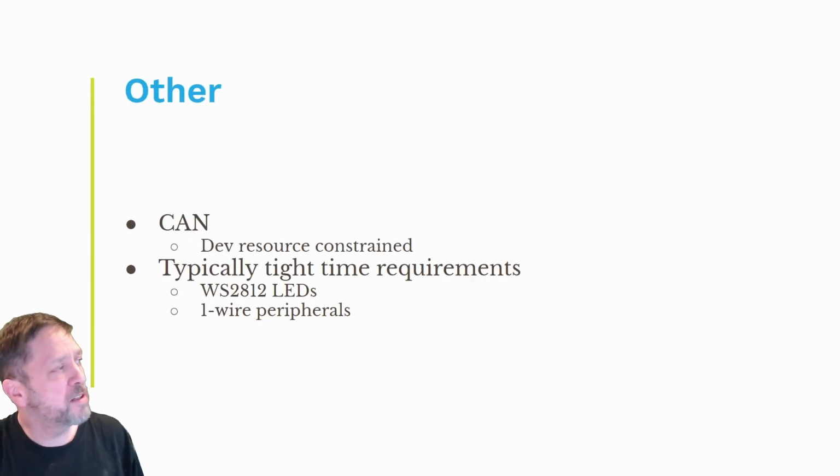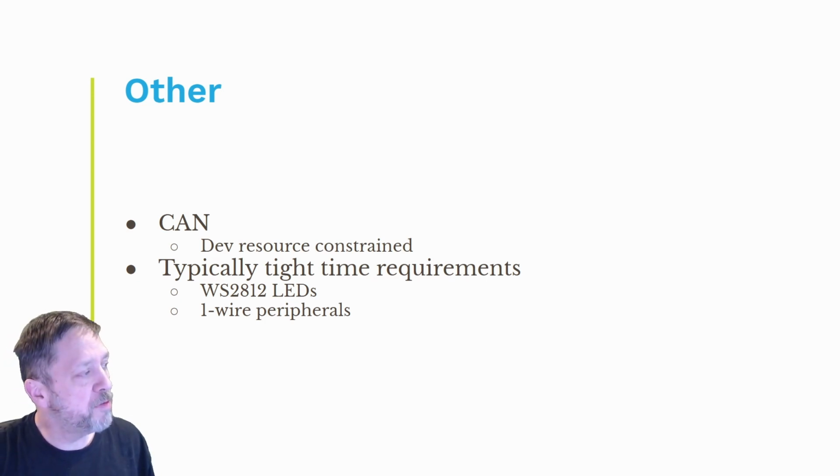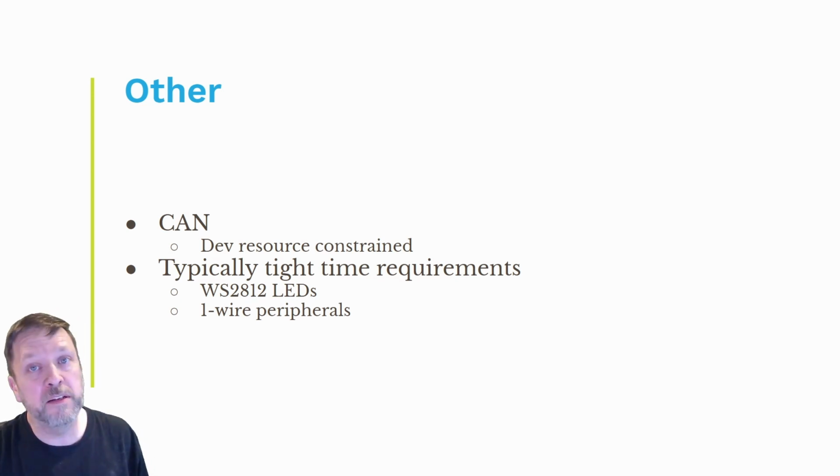Now, again, we've talked about the others. We've got the CAN bus, which we're working on, and these other 2, the WS2812 and OneWire, those are really an asynchronous serial as well. So they've got specific bit timings, and the bit times are very small.